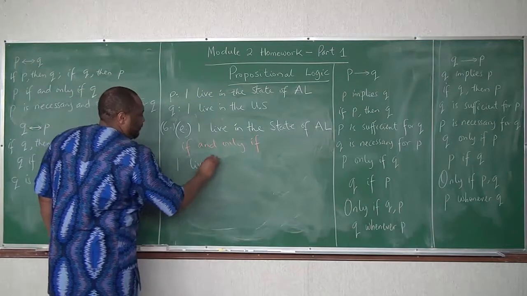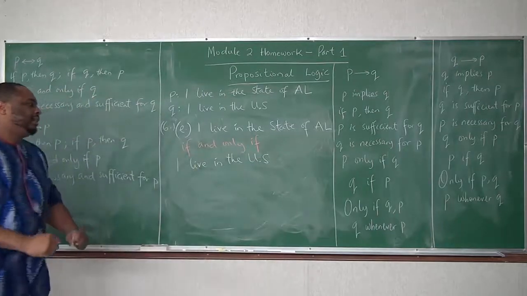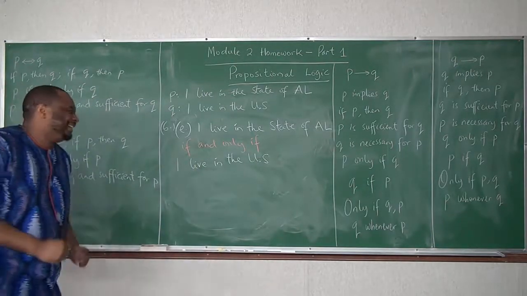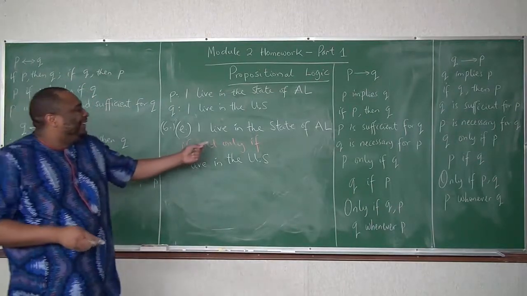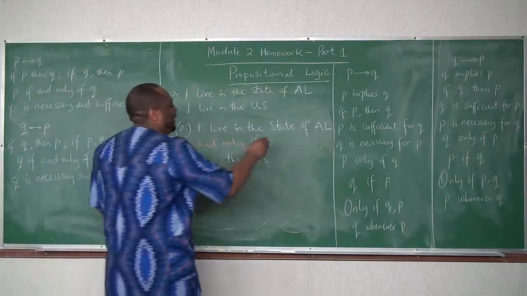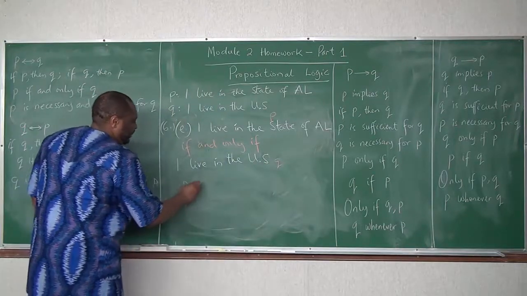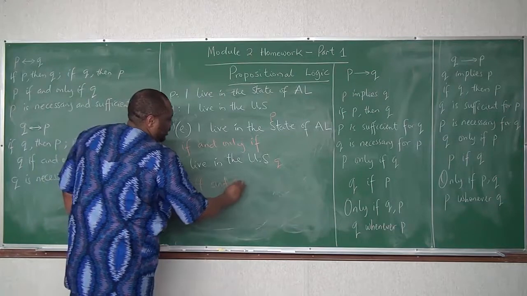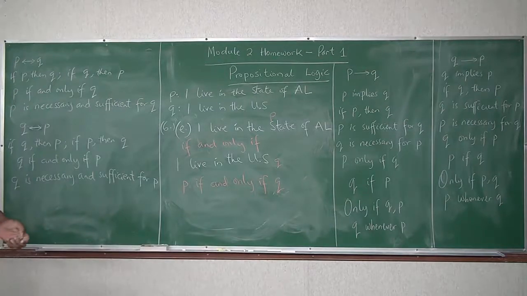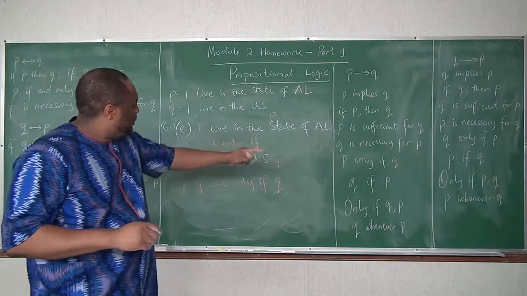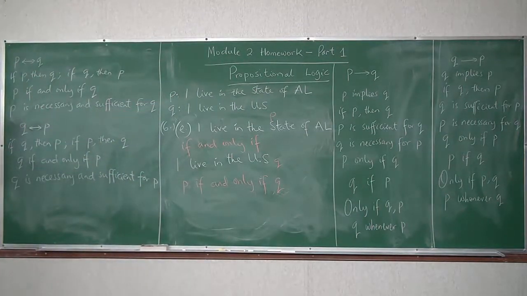So, I live in the state of Alabama is P, if and only if Q, I live in the United States. So you have P if and only if Q. You look for that. P if and only if Q is not conditional. It is biconditional.